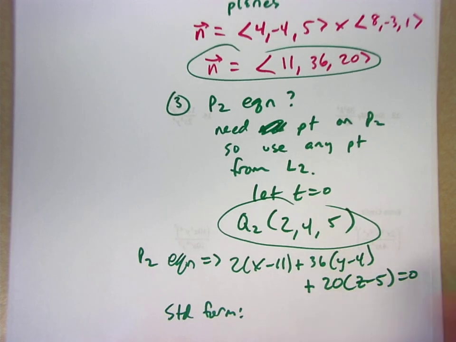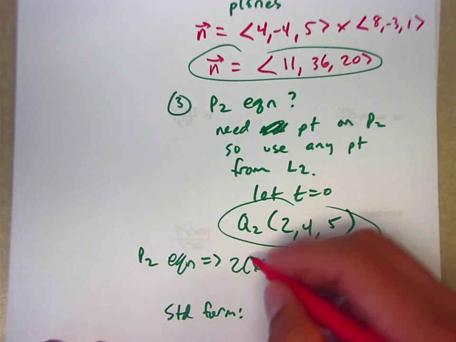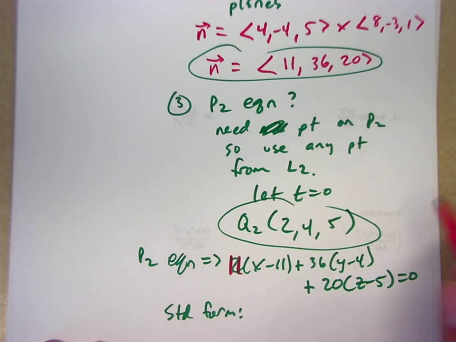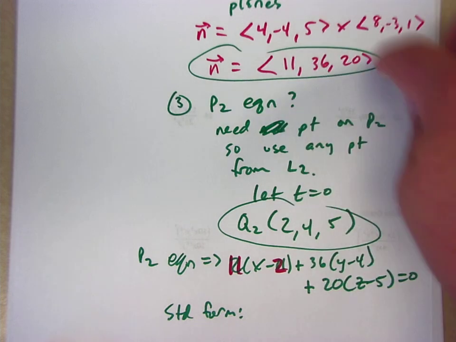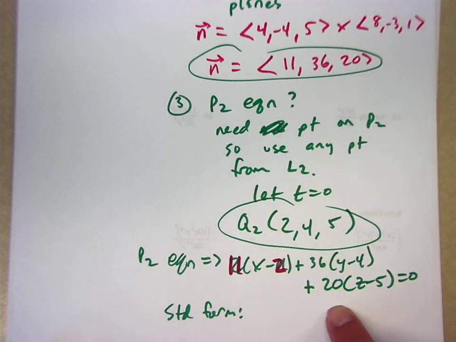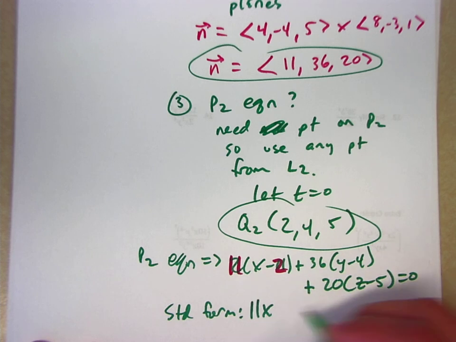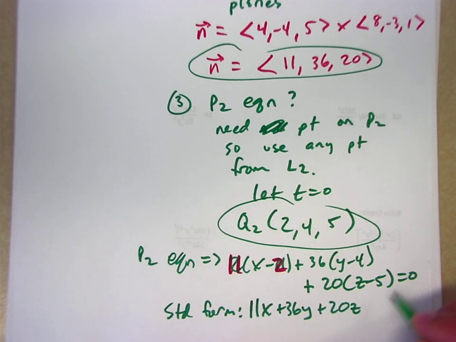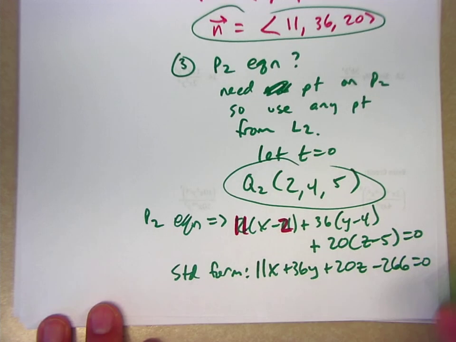I'll let you finish that, but here's what it looks like. Oh shoot, I did that again, didn't I? This should be 11, and this should be 2. I'm sorry, guys, I keep flipping my numbers here. 11, 36, and 20 are the coefficients, and 2, 4, 5 are the coordinates. Once you distribute that all out, you get 11x + 36y + 20z − 266 = 0. And you're pretty much set up now.